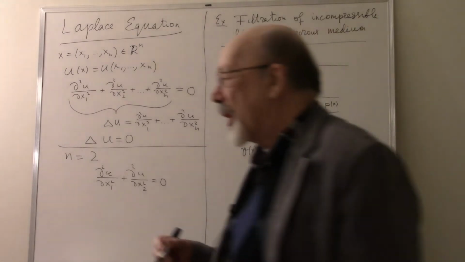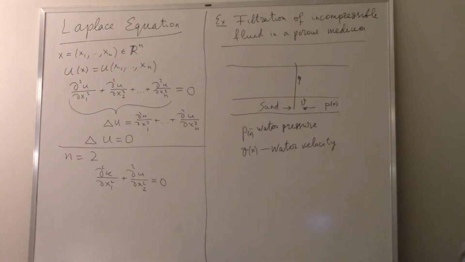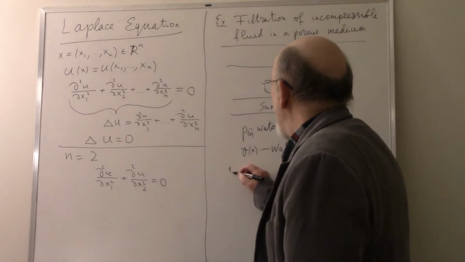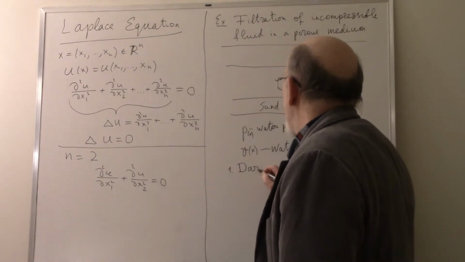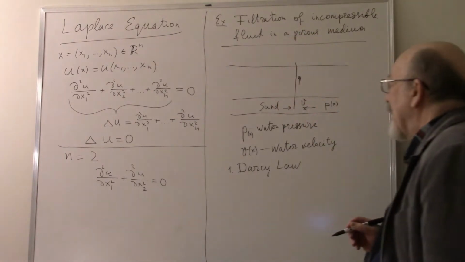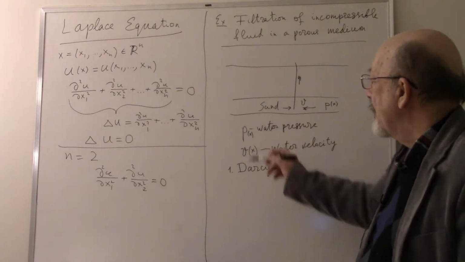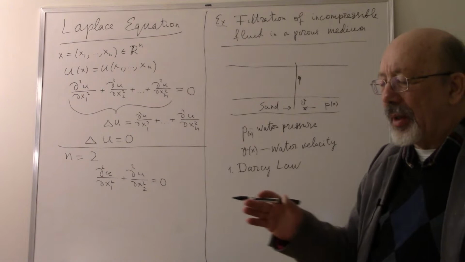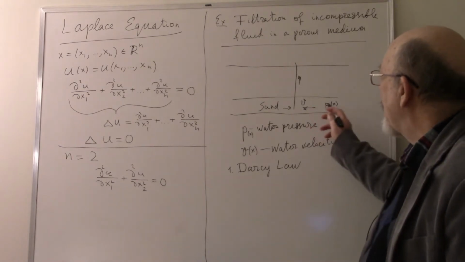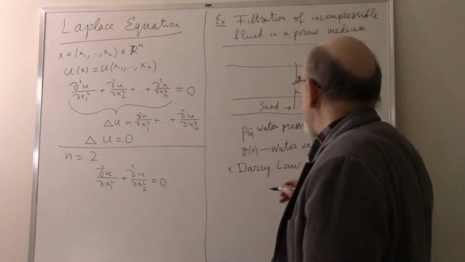Now, what are the equations describing this situation? First equation is called Darcy's Law. This equation says that the velocity of the fluid is directed in the direction opposite to the gradient of the pressure, and it is proportional with some coefficient k.